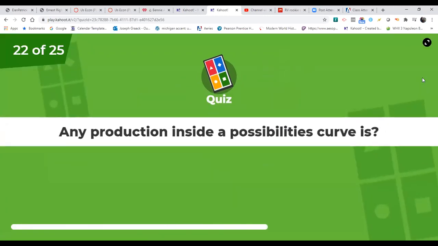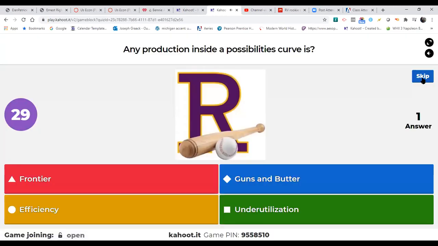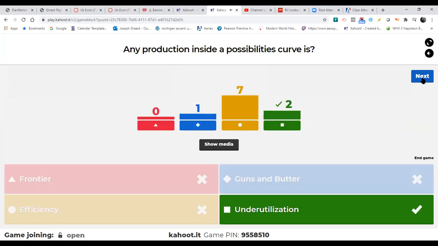Any production inside the possibilities curve, that would be point A. Underutilization. Area 1 is underutilization. Area 2 where the curve is at is your frontier.